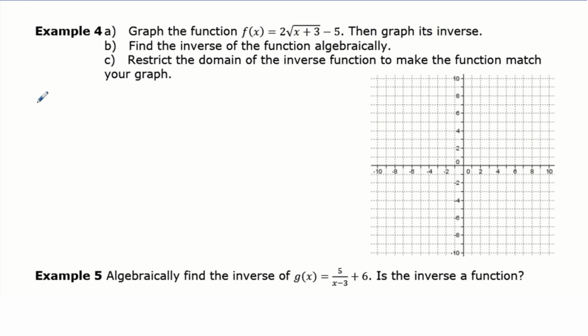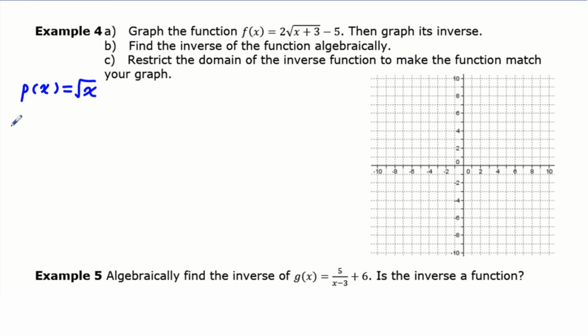So we are going to see there are more than one way to graph this, 2 square root of x plus 3, minus 5. We could use table values. For this one, we could write the parent function as p(x) equals square root x.